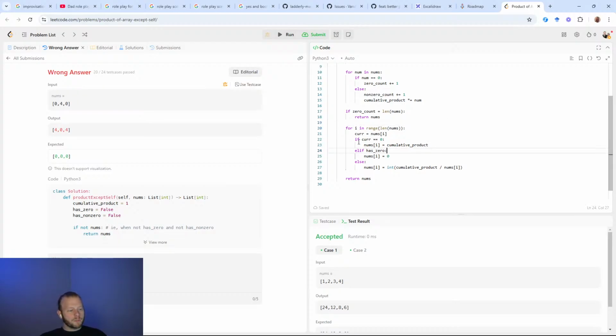So here, if the current is 0, if the 0 count is greater than 1, then it's going to be 0. So I can actually pull that out and denest it, which will be nice.